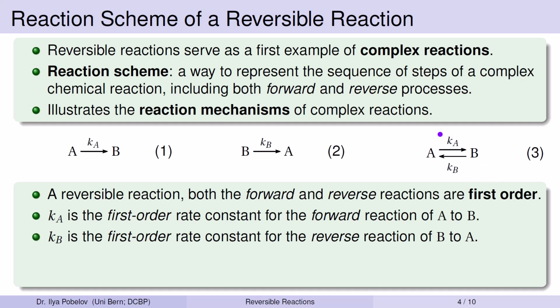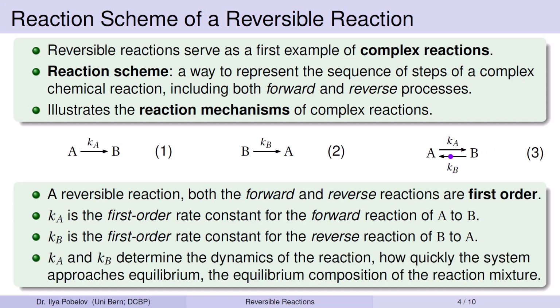In this reaction scheme for a reversible reaction, Ka is the rate constant for the forward reaction of A to B, and Kb is the rate constant for the reverse reaction of B to A. These rate constants are essential in determining the dynamics of the reaction, including how quickly the system approaches equilibrium and the composition of the reaction mixture at equilibrium.